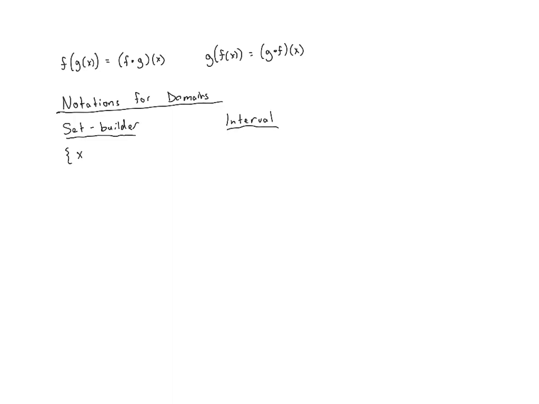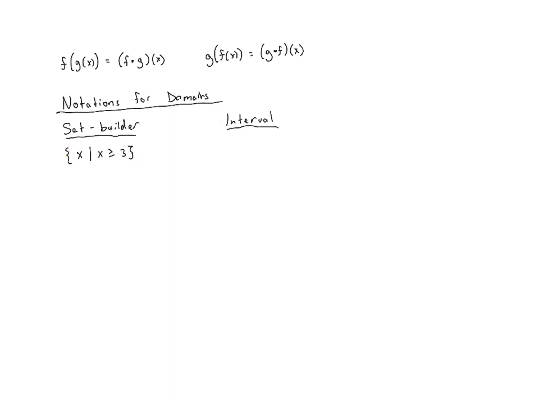So we might have something like the set of numbers x such that x is greater than or equal to 3. It doesn't have to be 3, it could be 0, it could be 1, it could be negative 8. But this is one example of the sort of thing we might see for a domain.